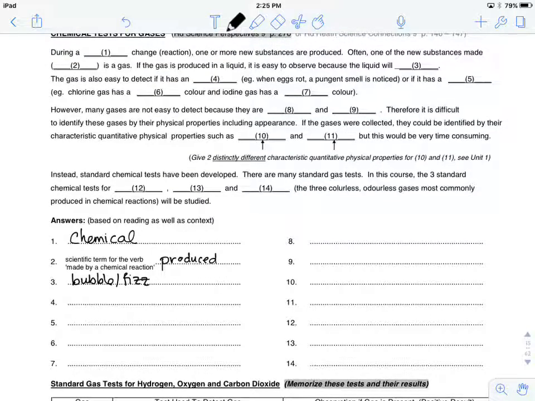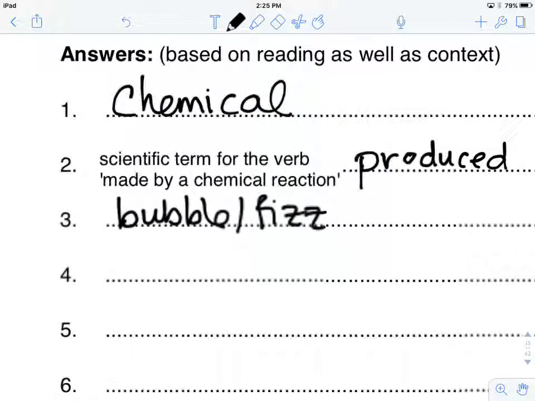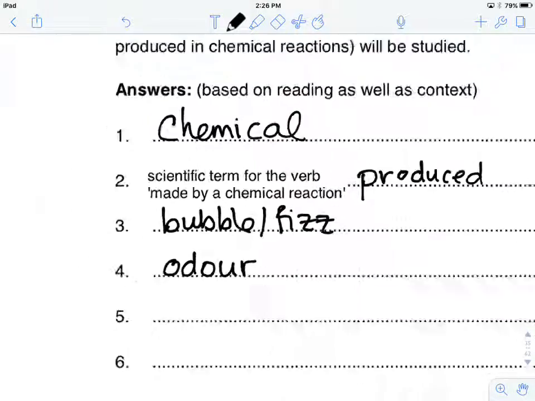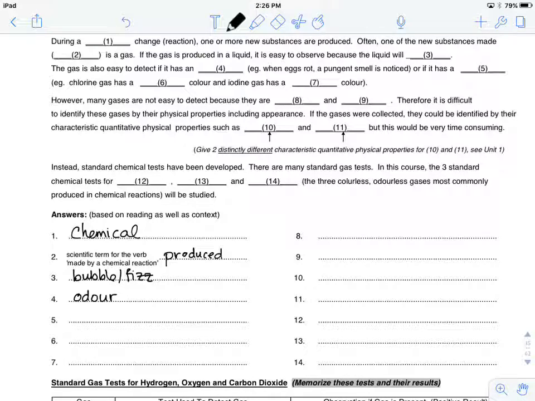It's easy to detect. Sometimes you'll know the gas is also easy to detect if it has an odor, like rotten eggs or sour milk, those have very pungent odors. It's also easy to detect a gas if it has a color.